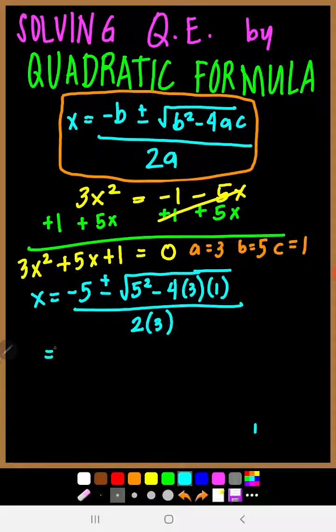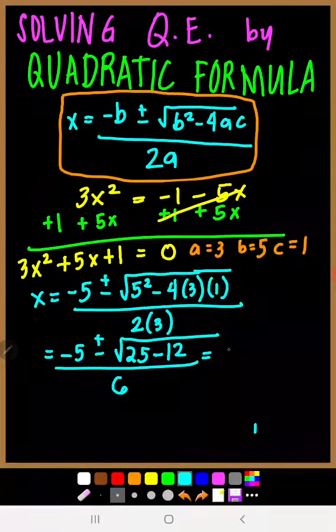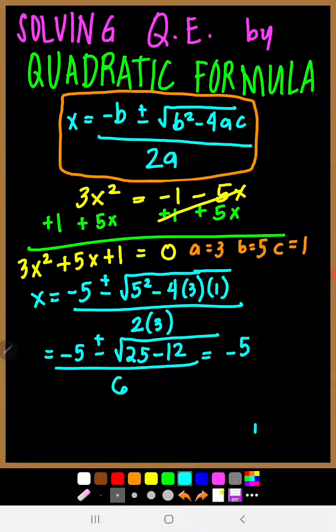And then we just simplify this. Negative 5 plus or minus, 5 squared is 25. Negative 4 times 3 times 1 is negative 12, divided by 6. So this is equal to negative 5 plus or minus the square root of 25 minus 12, which is 13, divided by 6.